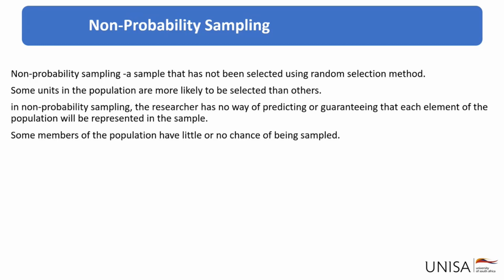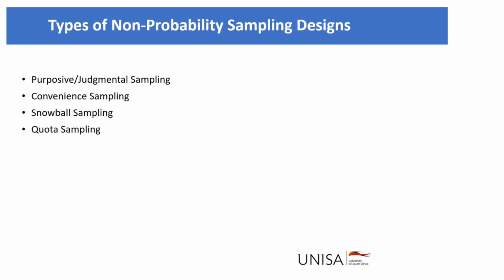All you need to understand is that for your research project, you need to always demonstrate that you understand the difference between probability and non-probability, and you cite sources as you explain their differentiation, because that's quite important. There's nothing wrong in using a combination of probability and non-probability. You just need to understand them in their own way, and when you mix them, you also need to understand what they mean.